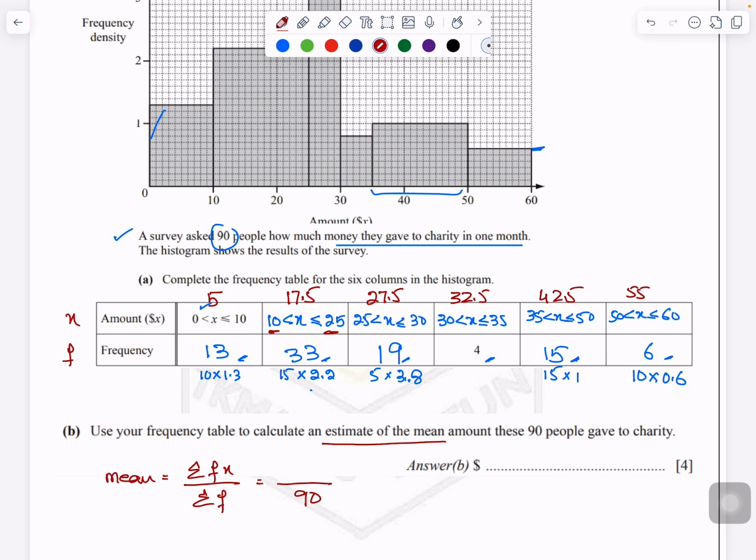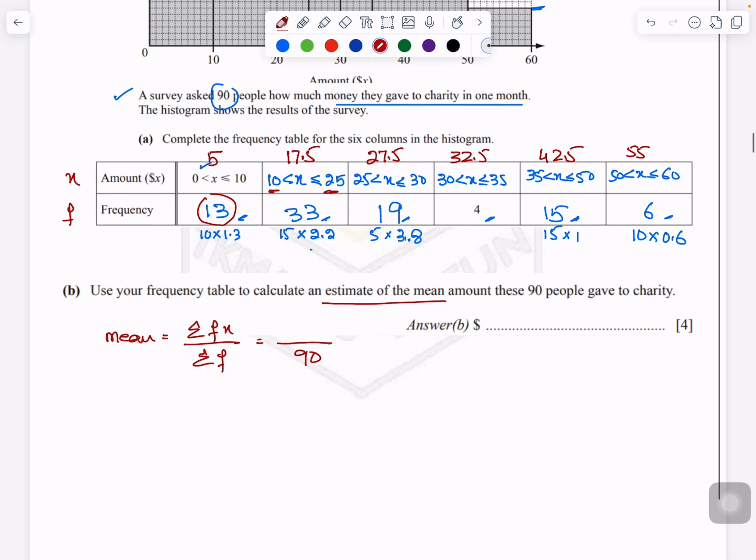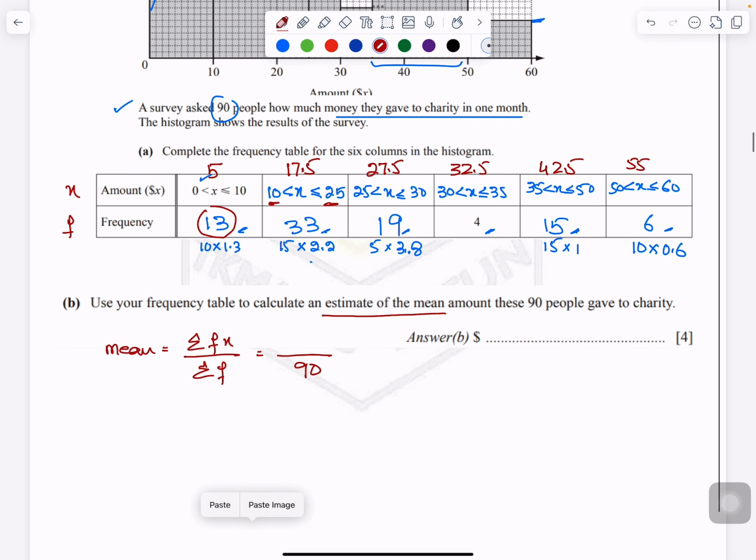Now these values will multiply by what? By the frequency. So 5 multiplied by 13. Let me write here. Sigma fx means frequency multiplied by data, right? So it is 13 into 5 plus, what will I write? 33 into 17.5.